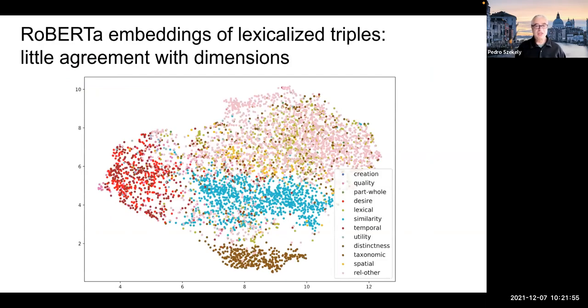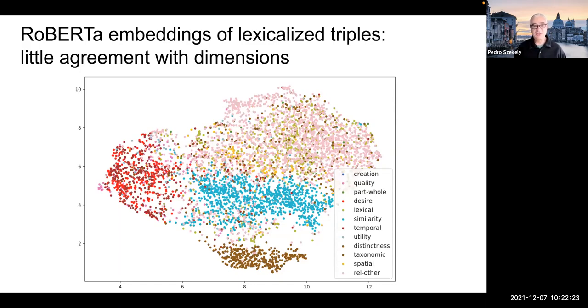So we wanted to see whether the dimensions of common sense knowledge align with the language models. And what we did is we lexicalized the triples in RoBERTa, and then created a sort of Disney diagram, and we see that even though there is some clustering, it is very noisy.